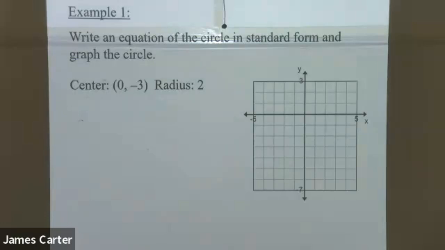You write this equation. And then you make a rough graph of it.